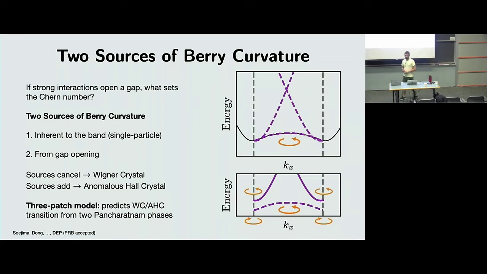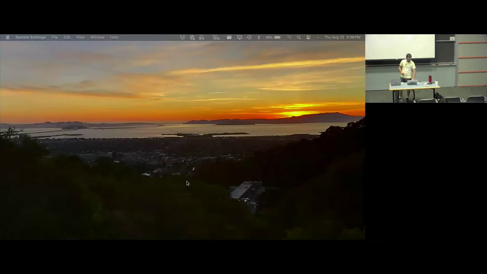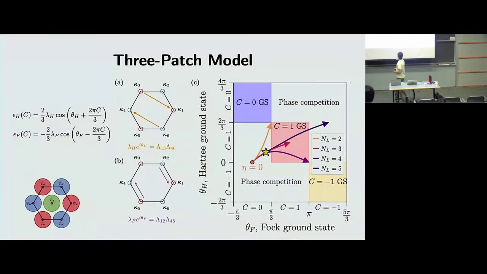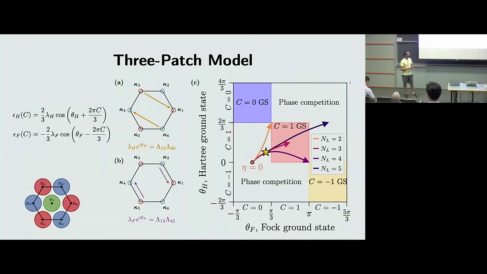Yes, yes. So let me go to a little bit more detail on the three-patch model. Here's a little more detail on our minimal three-patch model, and let me say a few things about it and then get to your question. We observed that phenomenologically, the orbital spinors are very consistent in large patches of the Brillouin zone, and those patches are centered at the same high symmetry points that will determine the Chern number.